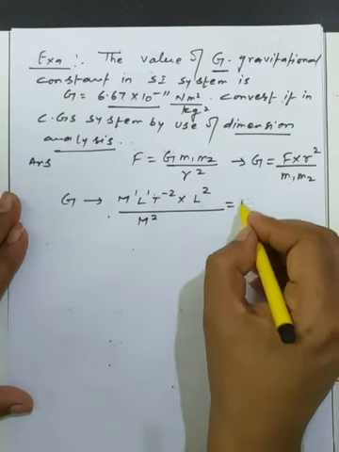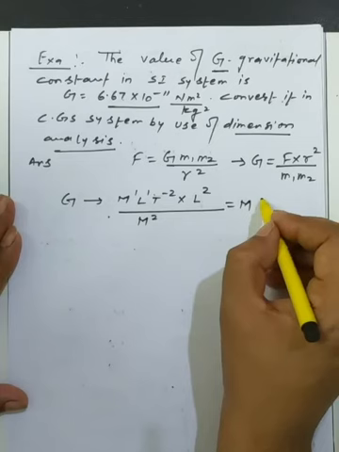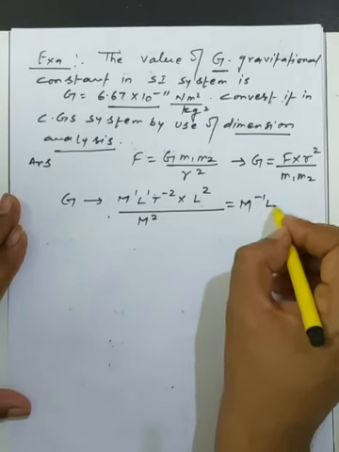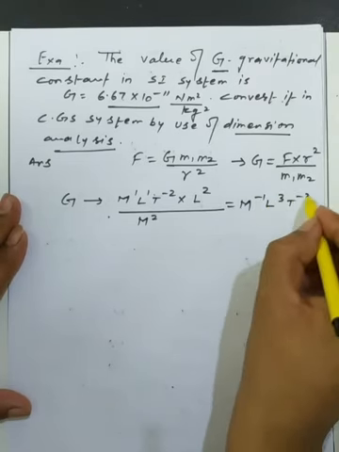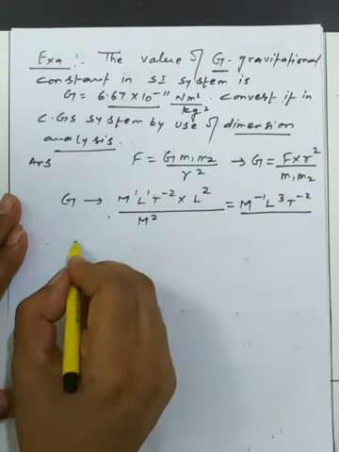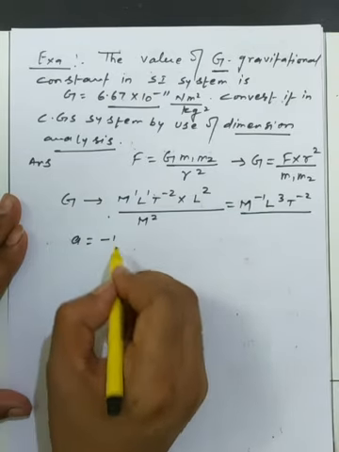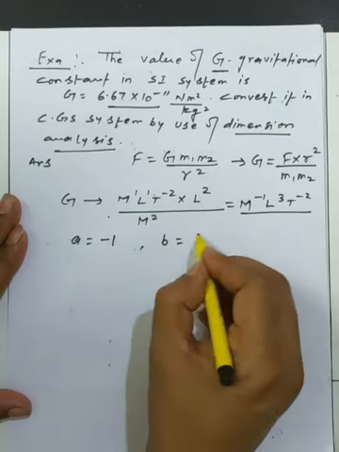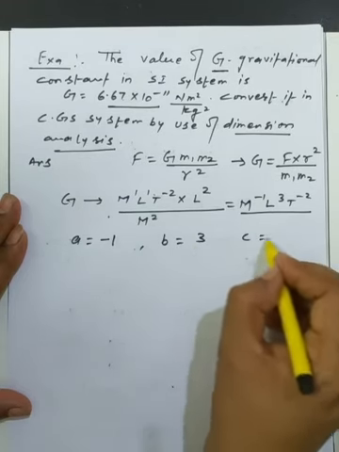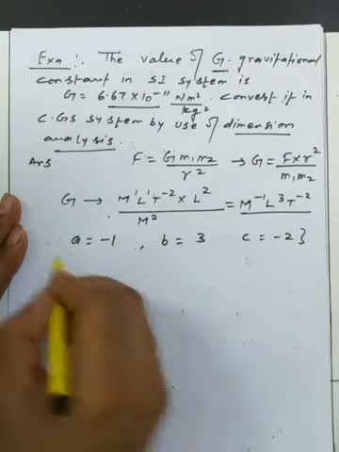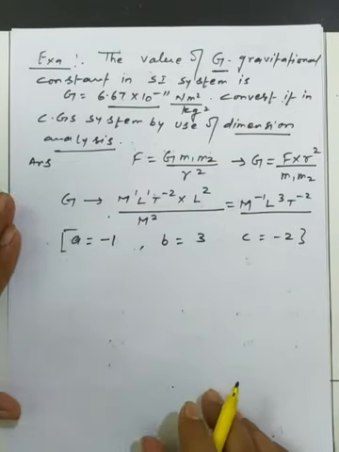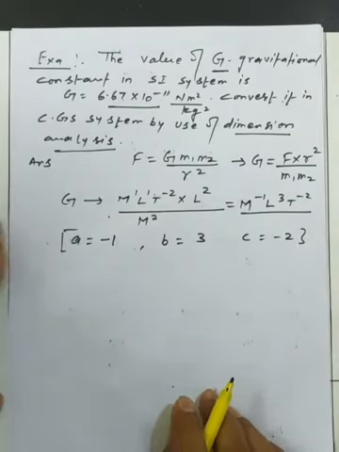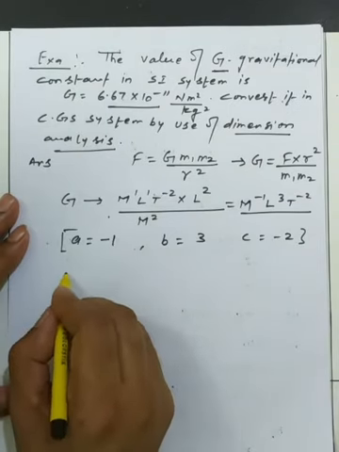Finalizing, the dimension of the gravitational constant is M minus 1 L3 T minus 2. So it is the final dimension, and we are getting A is equal to minus 1, B is equal to 3 and C is equal to minus 2. These are the meanings of A, B, C in the dimension.